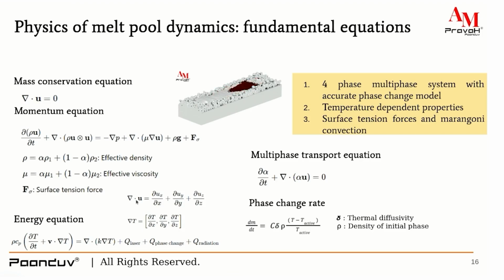And if you apply it with the velocity, because the velocity has three components ux, uy, and uz, it is how ux is changing in the x direction, the y component in the y direction, and the z component in the z direction.